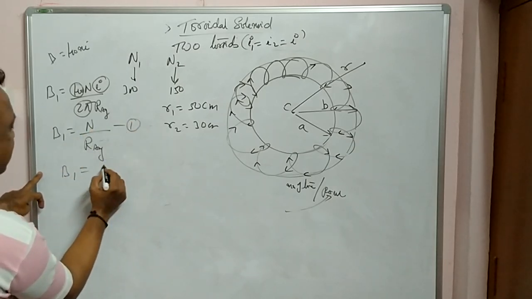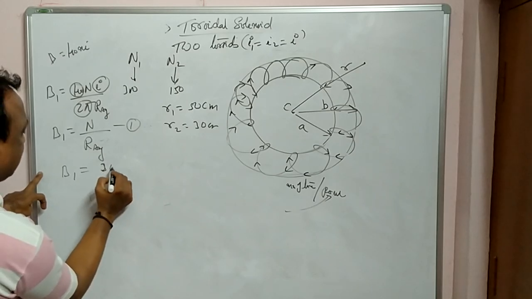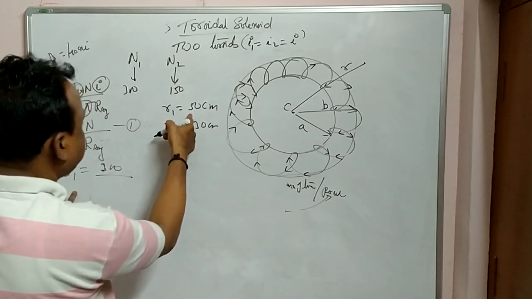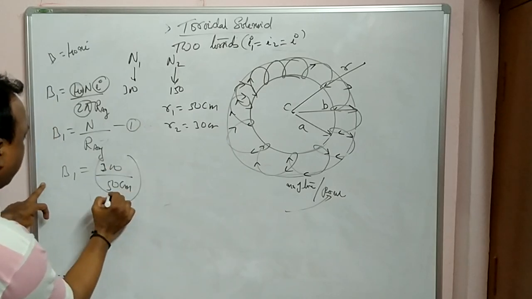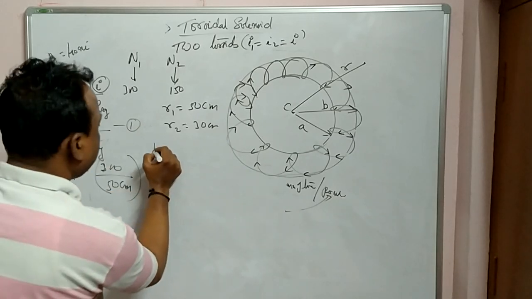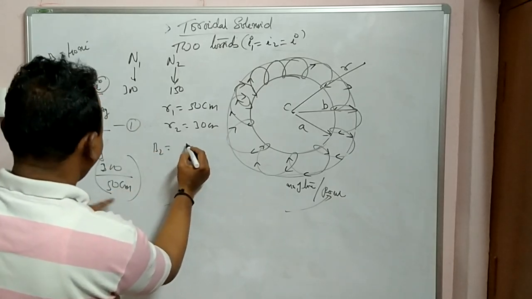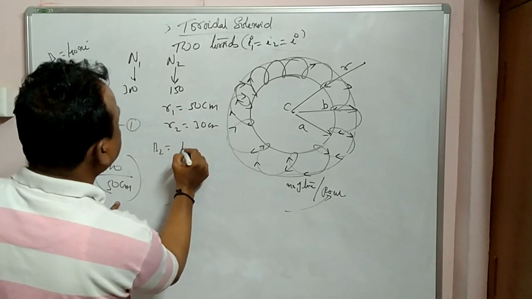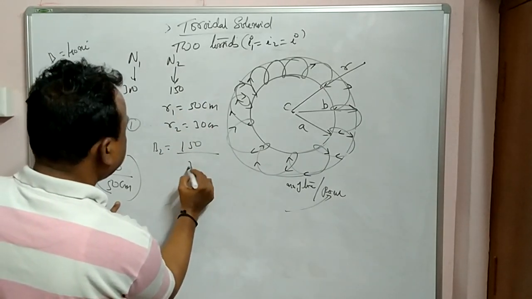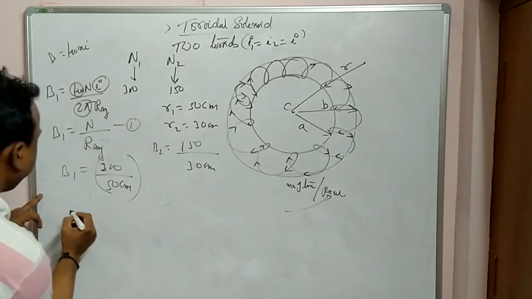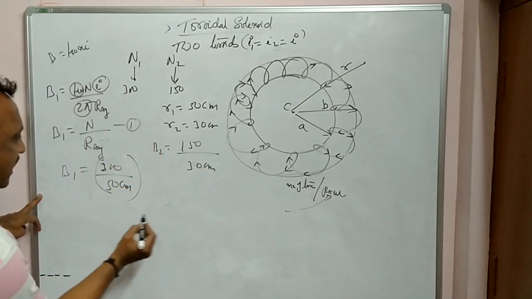So I will apply the formula here. B1 is equal to N1, the 300 turns, by the first R average, the 50 cm. What is B2? Again N2 by R average, N2 is 150, by R2, which is 30 cm. Now let us divide B1 by B2.